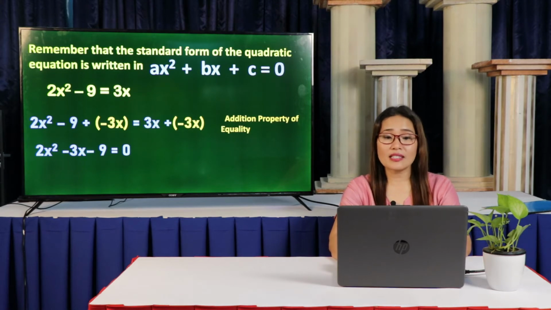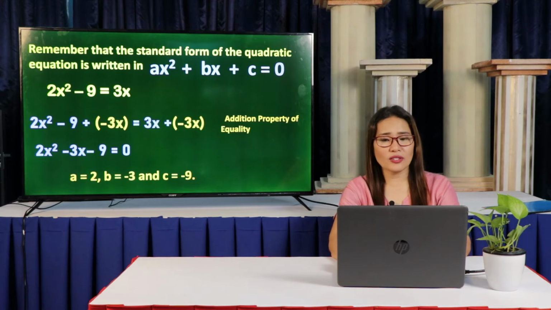Now, since it is written in standard form, the quadratic term is 2x squared, the linear term is negative 3x, and negative 9 is our constant term. Thus, the values of your a, b, and c are the following. A is 2, b is negative 3, and c is negative 9.